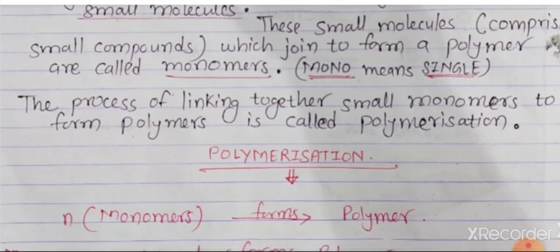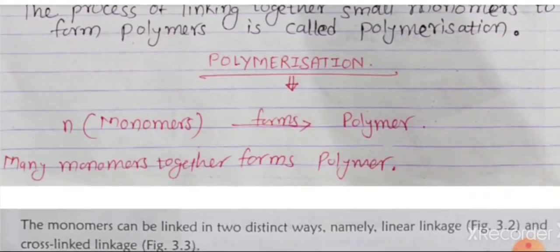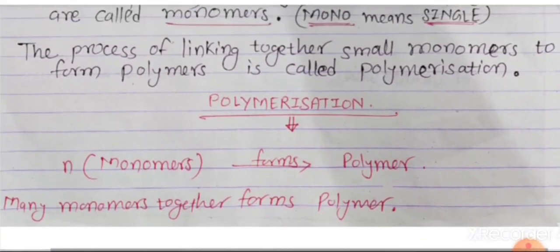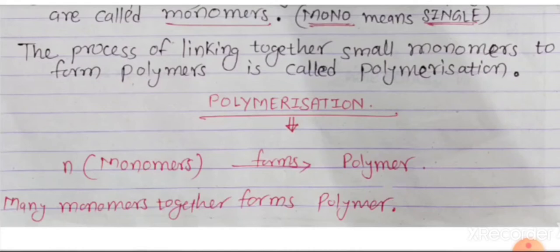The process of linking together small monomers to form polymers is called the polymerization process. As shown in the figure also, n number of monomers means many monomers. When they are arranged in a series or a pattern, they form a polymer.